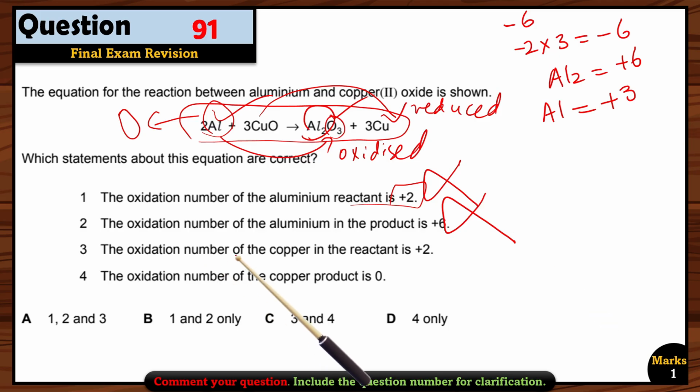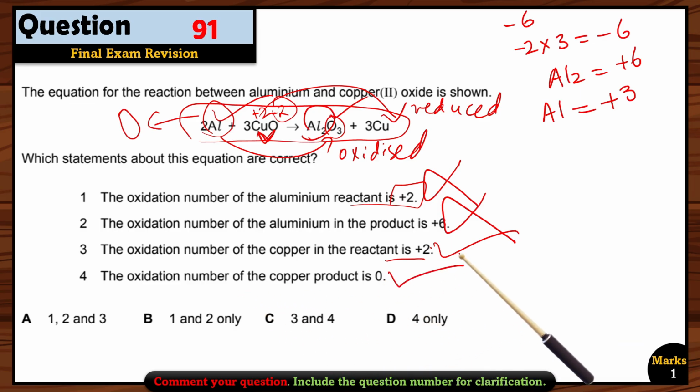The oxidation number of copper in the reactant is +2. How? Because we already know that the oxygen state is -2, right? So if it is -2, then copper is +2, because they are both equal in number, 1 and 1. So this option is right. In the reactant, the copper oxidation number is +2. The oxidation number of copper in the product is 0.